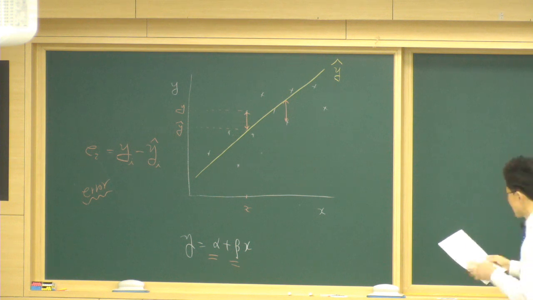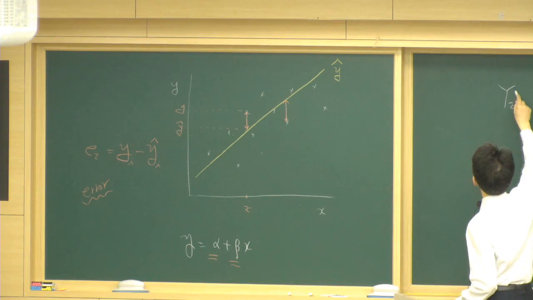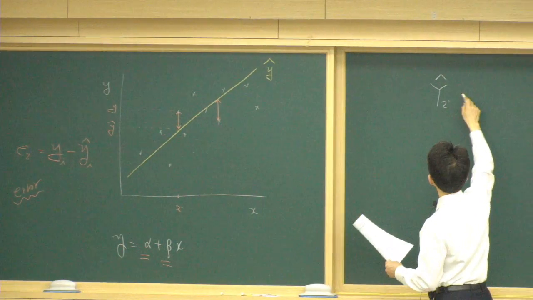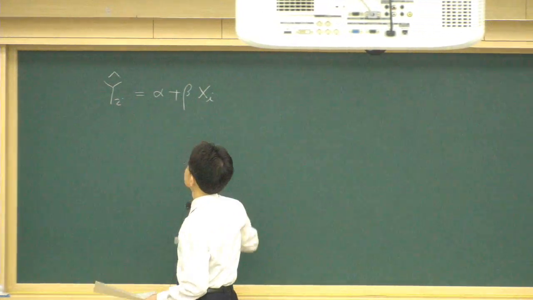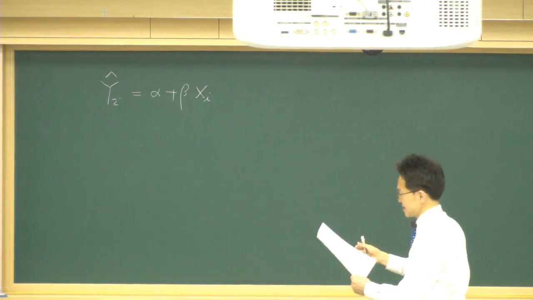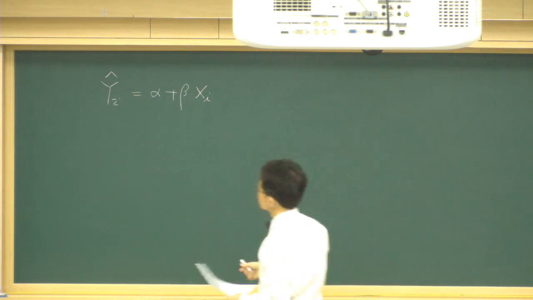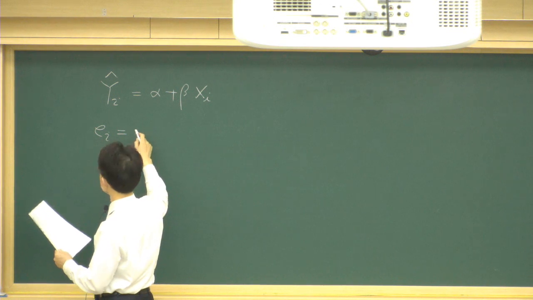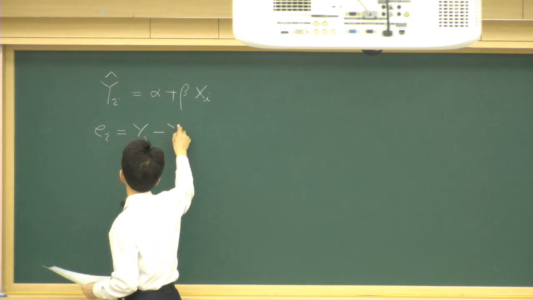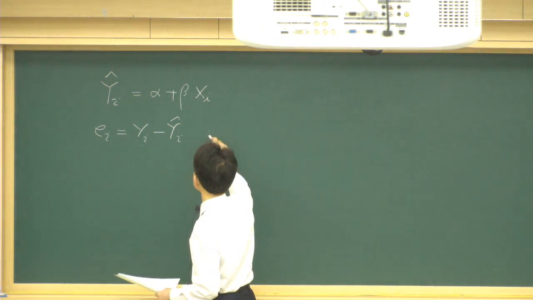Okay? So let's say the regression line is expressed like this: yi hat equals alpha plus beta xi. I represent the data points, right? So we define ei equals yi minus yi hat, and this is our error.